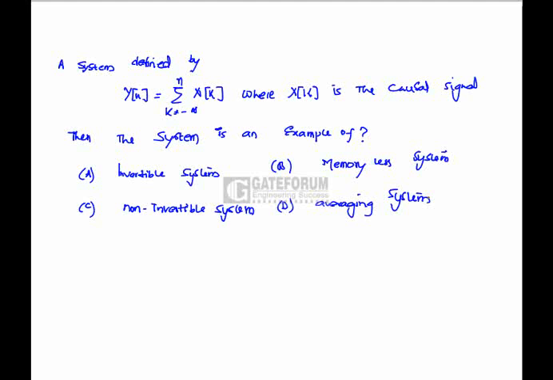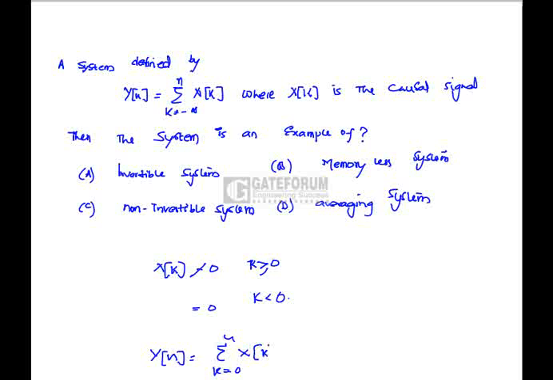Next, a system is defined by y of n equal to the summation of x of k from k equals minus infinity to n, where x of k is a causal signal. The system is an example of what? Suppose x of k is a causal signal, meaning x of k is non-zero for k greater than or equal to 0, and equal to 0 for k less than 0. Now, if we consider this summation, we can modify the definition: y of n is the sum from k equals 0 to n of x of k.